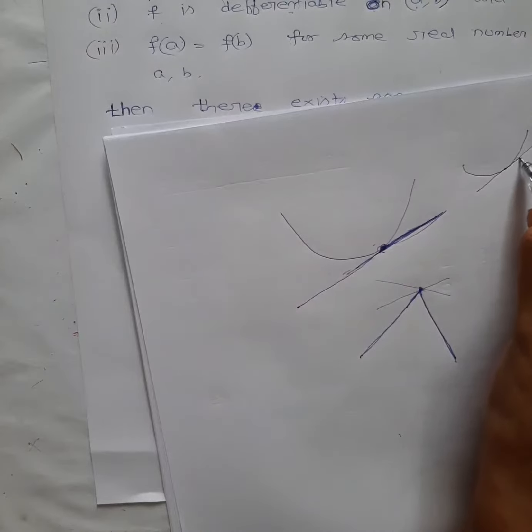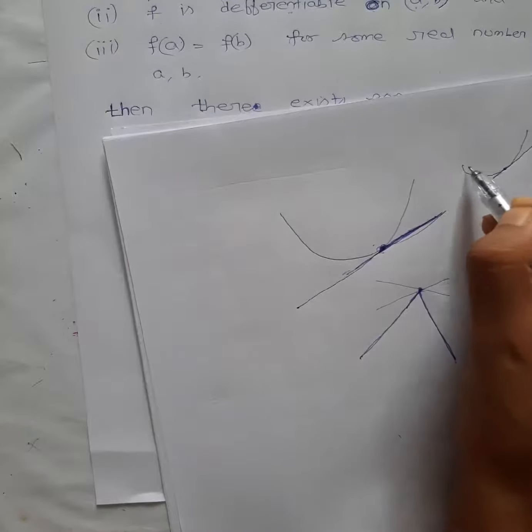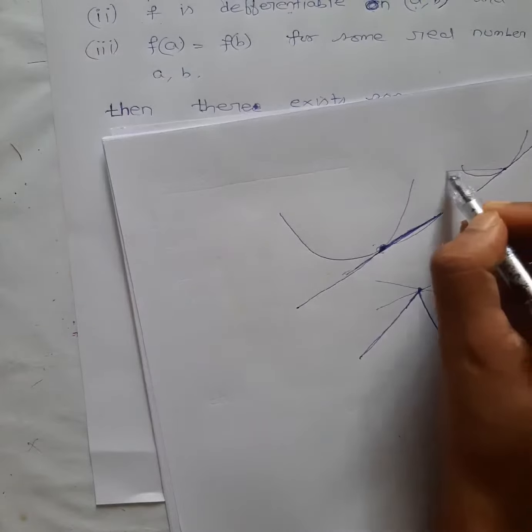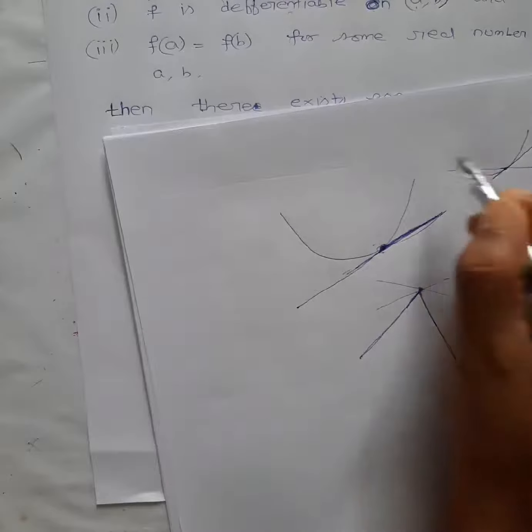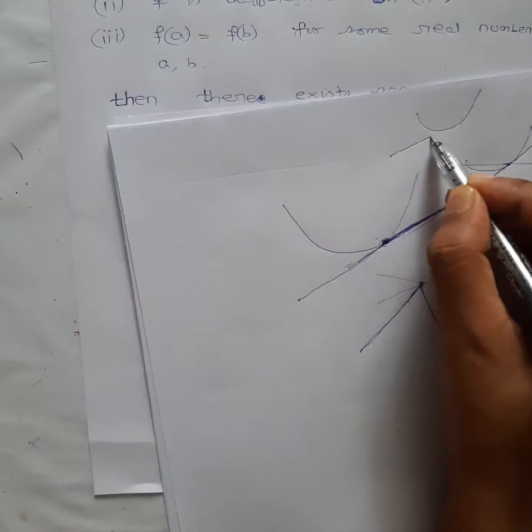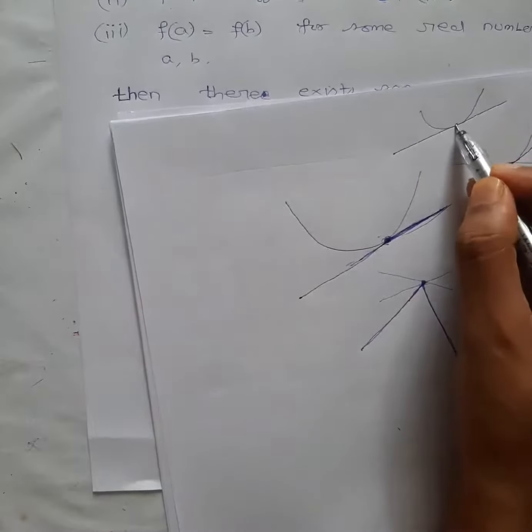So from this curve I can draw only one tangent touching one point. Why? Because if I draw from another direction, like this, it will touch 2 points. So tangent means it will touch only one point.